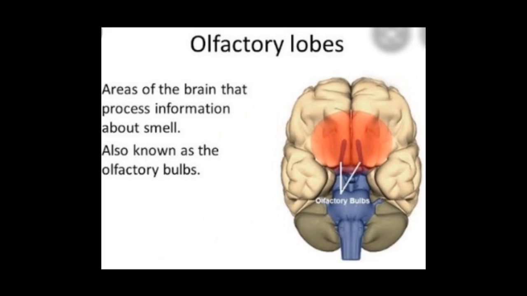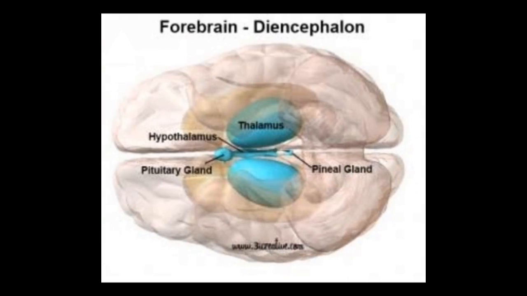Then the second one you can see is the diencephalon. The diencephalon mainly consists of the pineal gland, pituitary gland, thalamus, and hypothalamus. It encloses a cavity called the third ventricle.